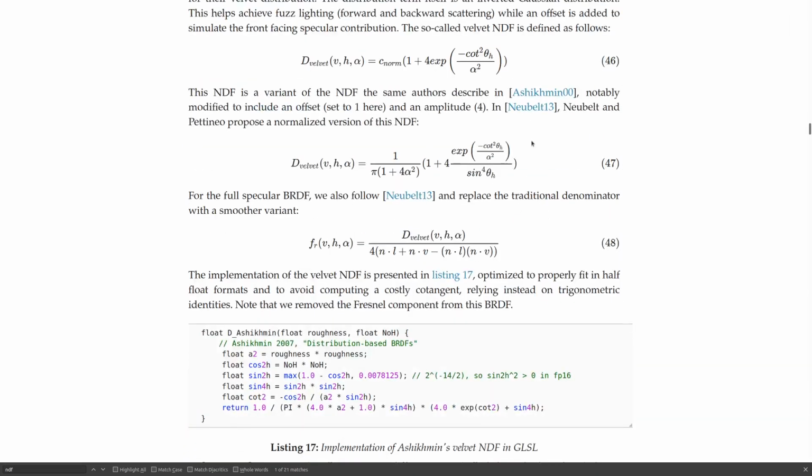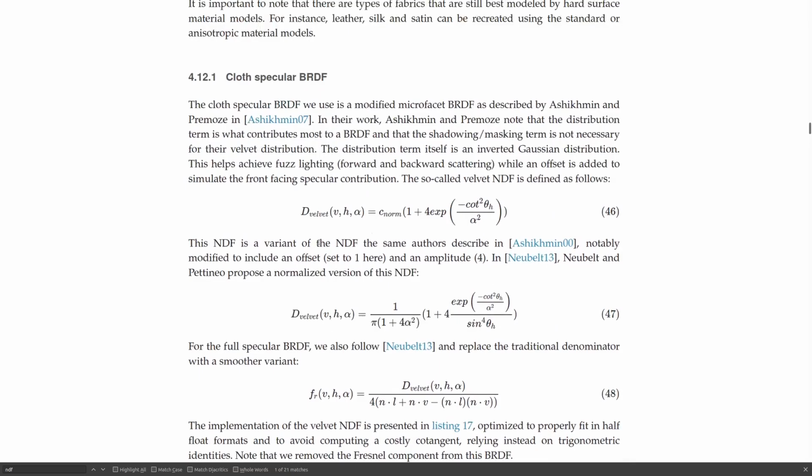Okay, and then so this is a variant of the NDF described by the same authors in this other paper, notably modified to include an offset and an amplitude.